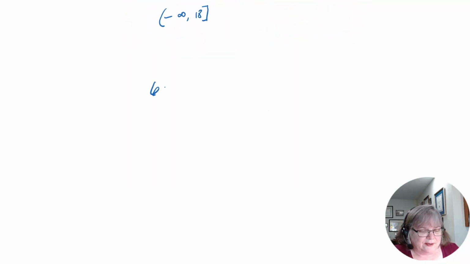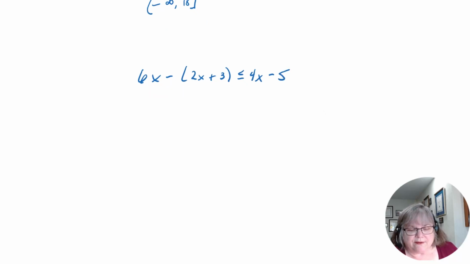Let's try 6x minus 2 times 2x plus 3 is less than or equal to 4x minus 5. So let's simplify the left. I'd have 6x. I'm going to distribute this negative sign. So minus 2x minus 3 is less than or equal to 4x minus 5.